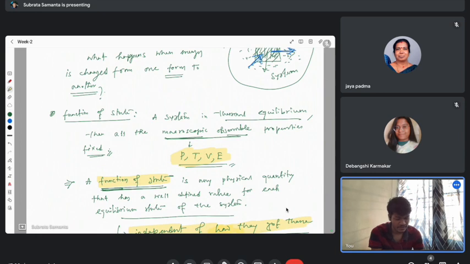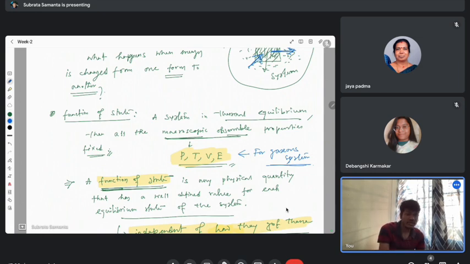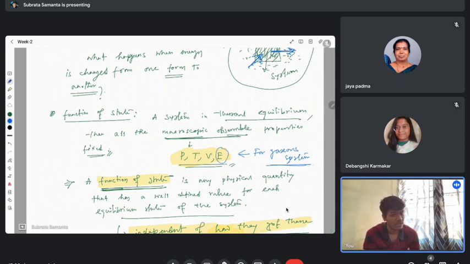So for a gaseous system, these 4 are functions of state. At thermal equilibrium these macroscopic observables are fixed, which means we can express any of these quantities in terms of the others.